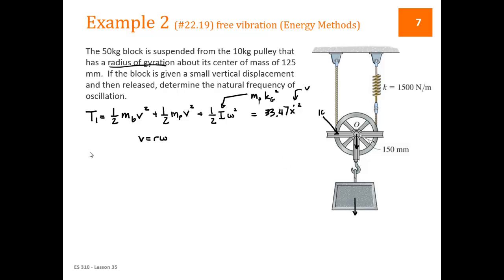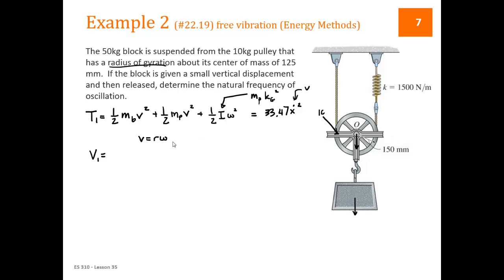Now let's look at potential energy. We have the potential energy of the spring and the potential energy due to gravity. Now remember what we said, we can always cancel out gravity because the spring will stretch to balance it. That's true in energy as well.